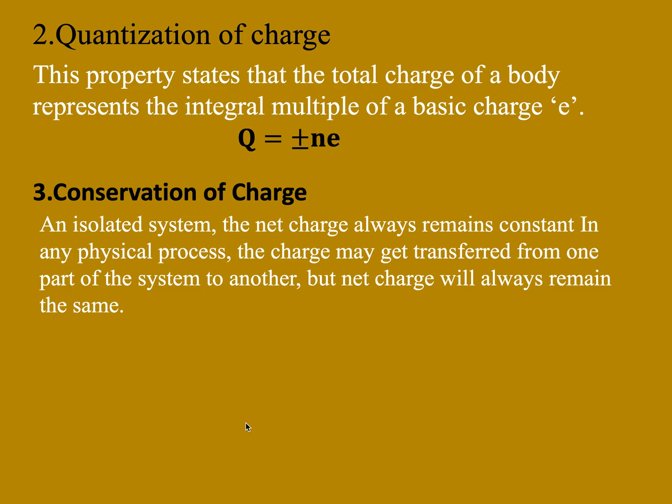When you rub them against each other, a few electrons are transferred from the glass rod to the silk cloth. That means the glass rod acquires positive charge and the silk cloth acquires negative charge. Again the total net charge becomes 0 only. Before rubbing, the net electric charge is 0, and after rubbing, the net electric charge is 0. So it remains constant.